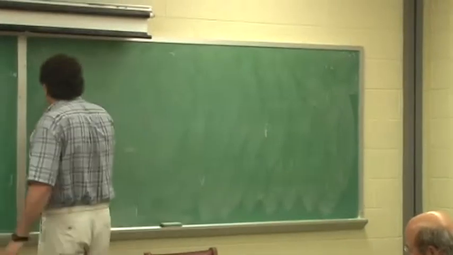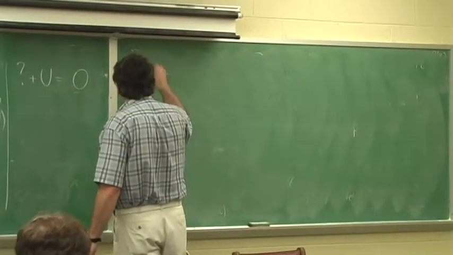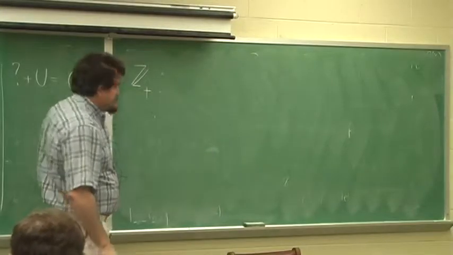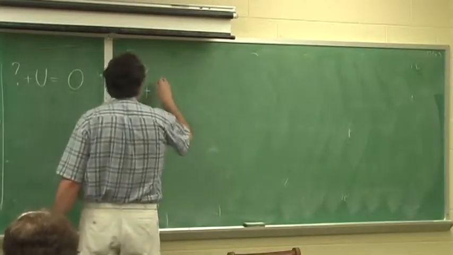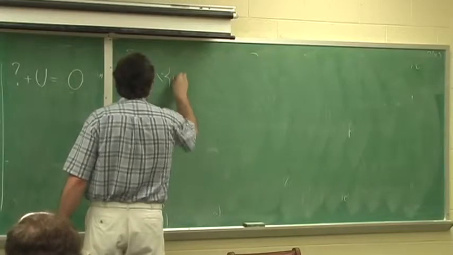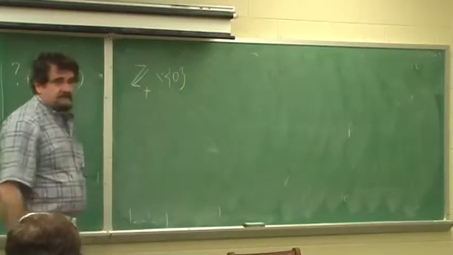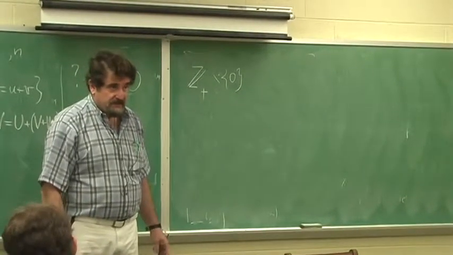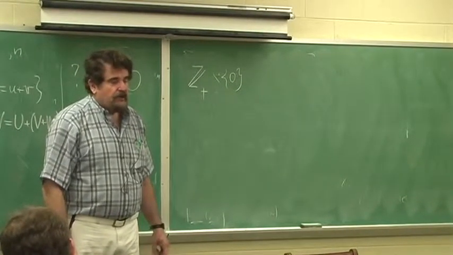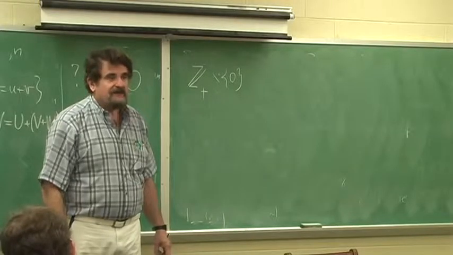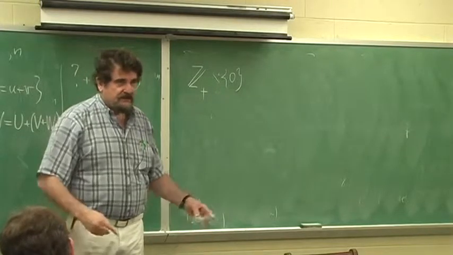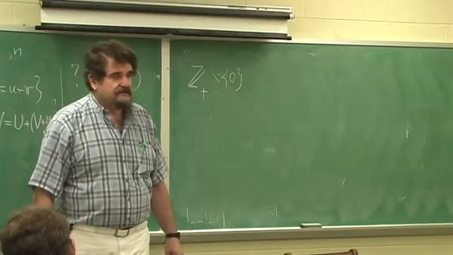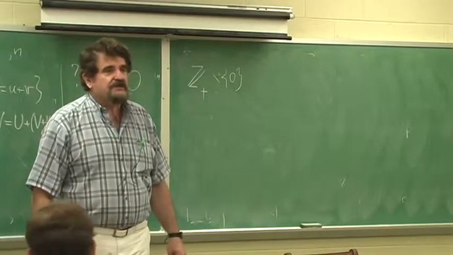Attention, please. Consider positive numbers, strictly positive, without 0. Strictly positive integer numbers. We know how to multiply them, do we? Take any 2 integers, multiply them, you will get an integer. We know the neutral element, what is it?